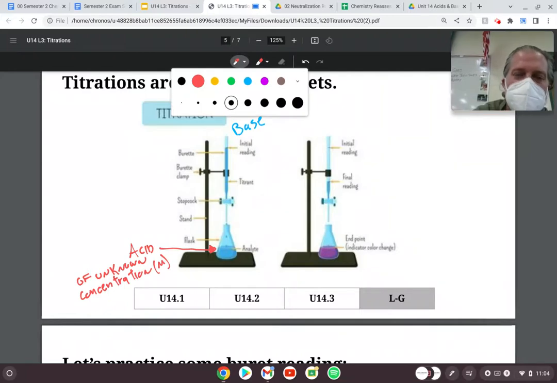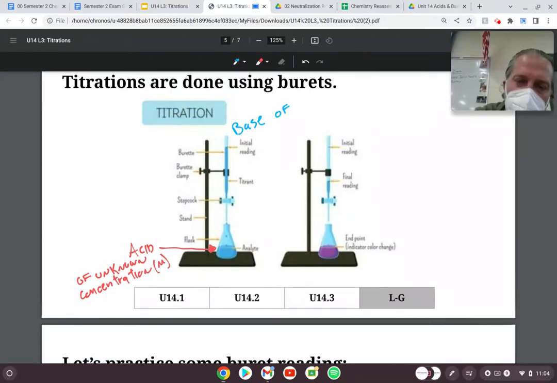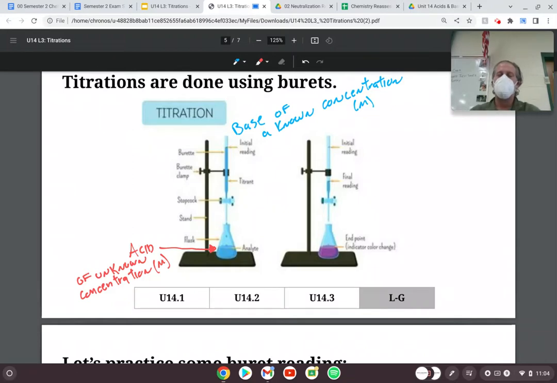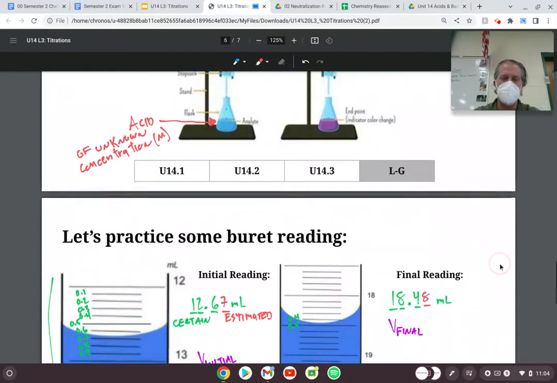We are going to have a base of a known concentration, and I'm going to put molarity in parentheses there. So we're going to add base to acid until we get to a pH of 7 or as close as we can. That's how a titration works, and we'll have plenty of practice with that on Monday.